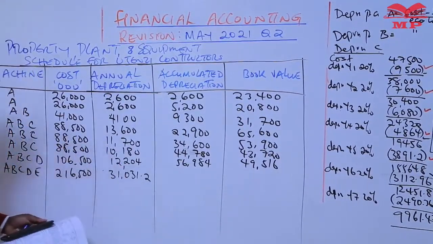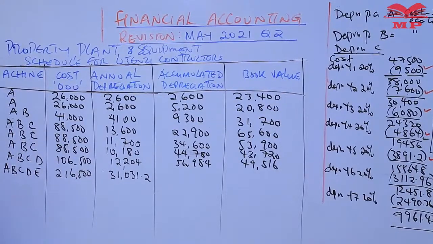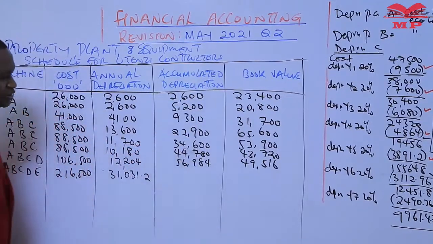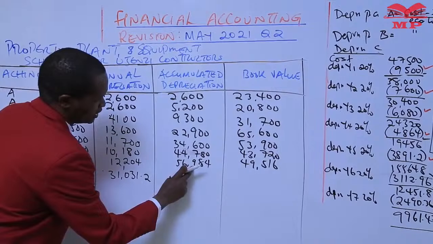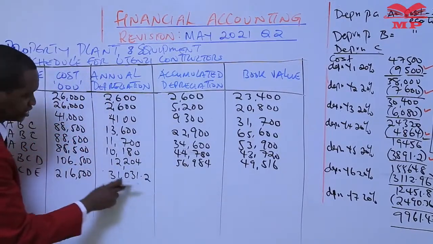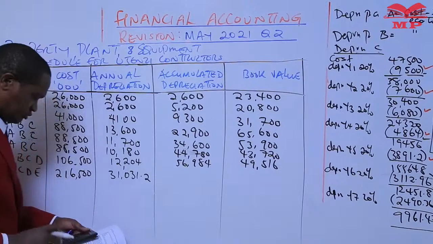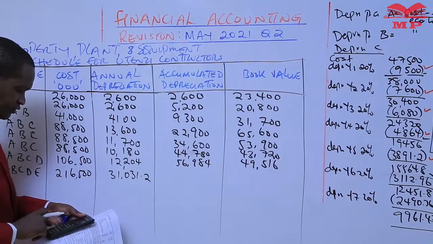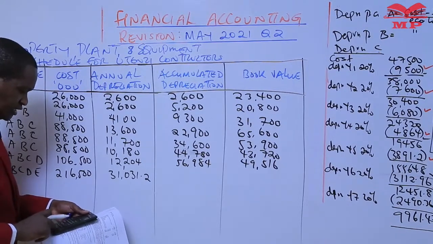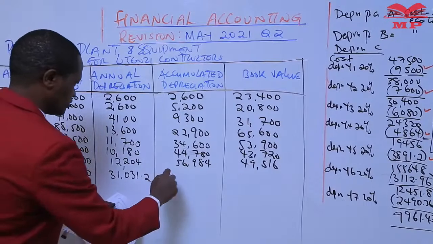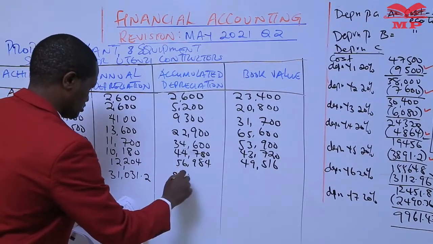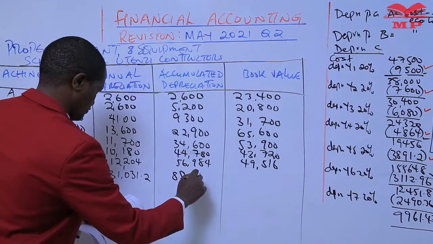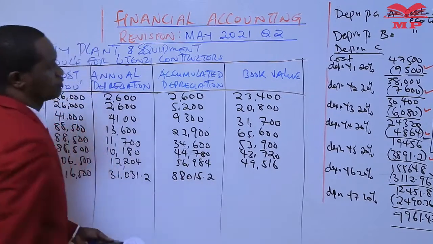We now go to the other column, accumulated depreciation. We take the previous accumulated depreciation and add the current annual depreciation, plus 56,98,4. Accumulated depreciation is 88,015.2.